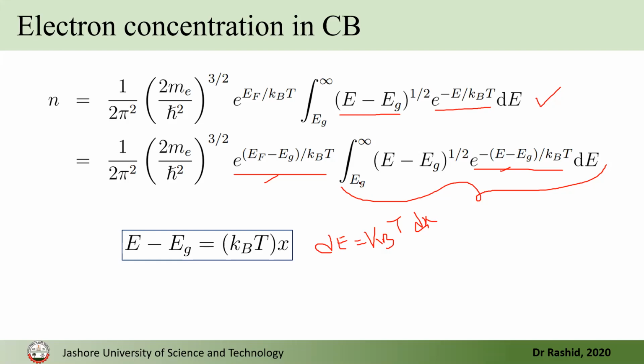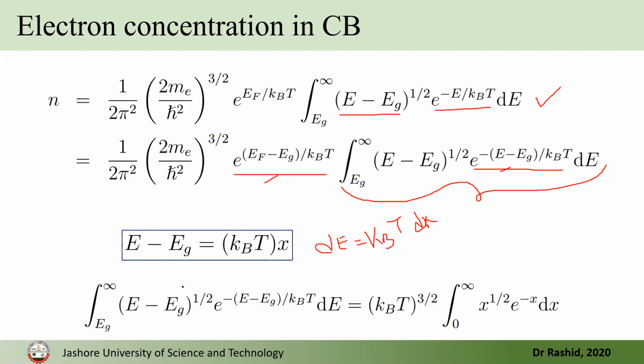And when the lower energy limit of E is equal to EG, then x equals 0. And when it's infinity, x is also infinity. So with this substitution, we have this integral in this form.